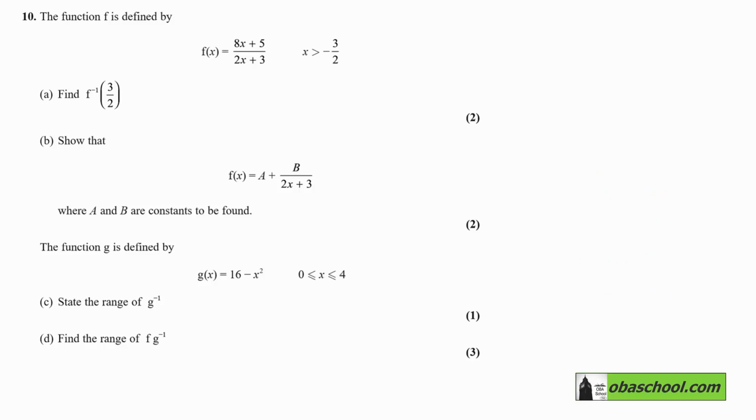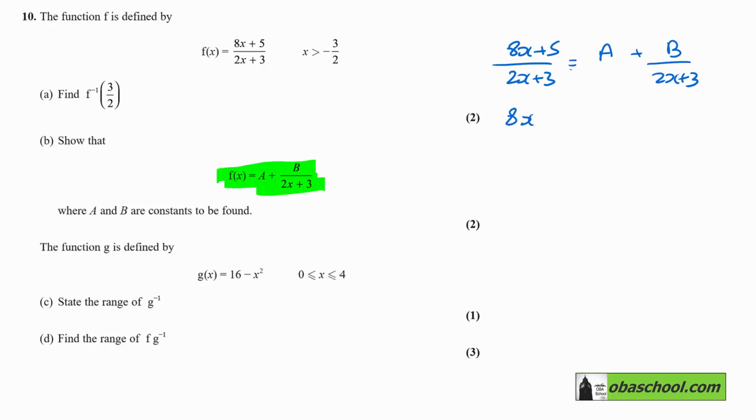We want to show that f of x can be written in the form a plus b over (2x plus 3), where a and b are constants that we need to find. So we have (8x plus 5) over (2x plus 3) can be written in the form a plus b over (2x plus 3).